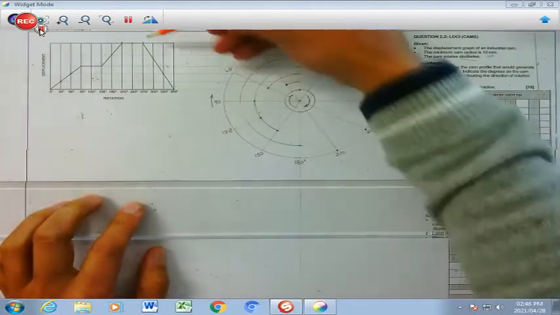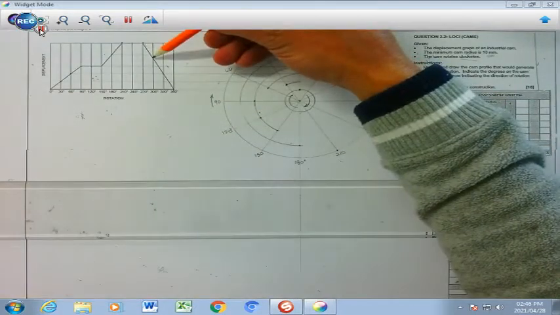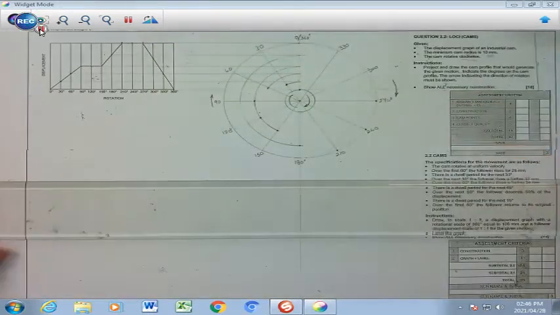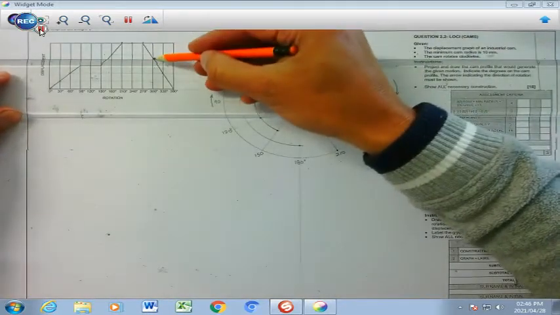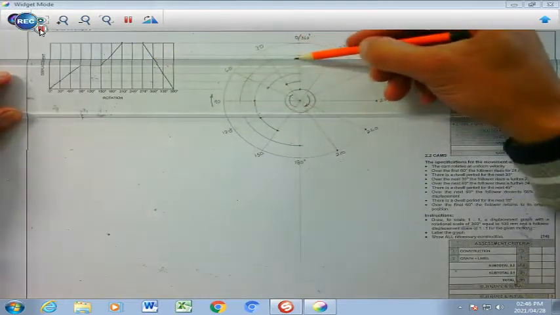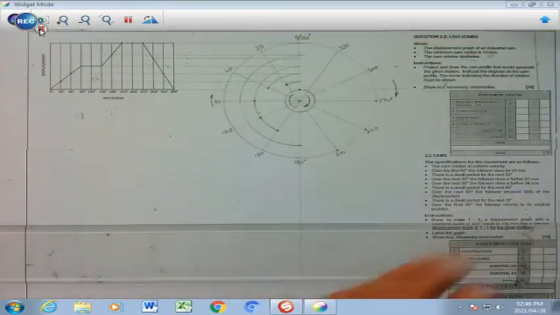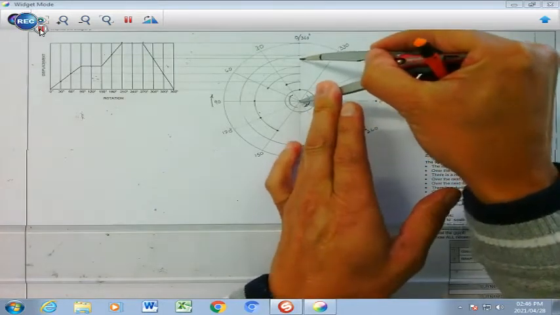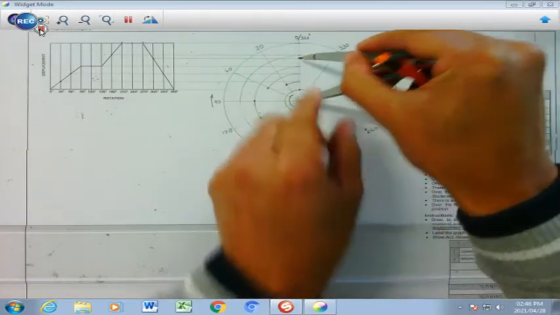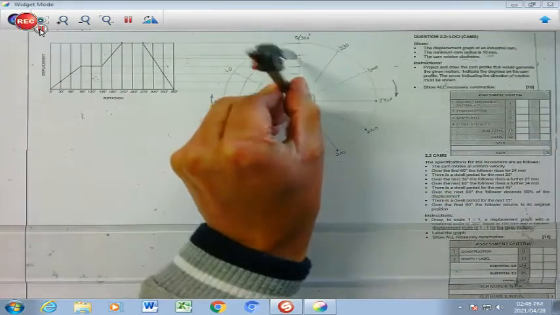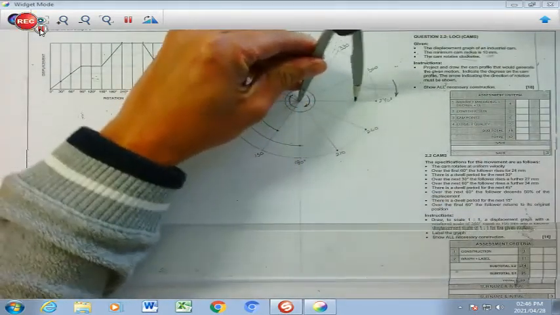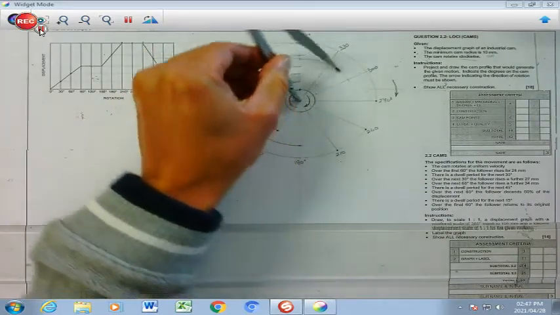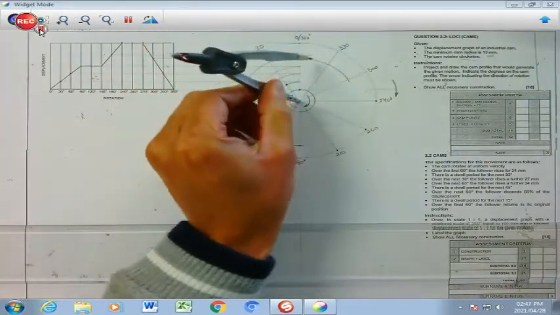And then it comes down to my origin, and it first crosses to 300. I'm going to draw from the crossing of 300 across onto my center, and then I'm going to project using my compass, stretch it to that point over there. This time I can actually go around this way, transferring it that way around.